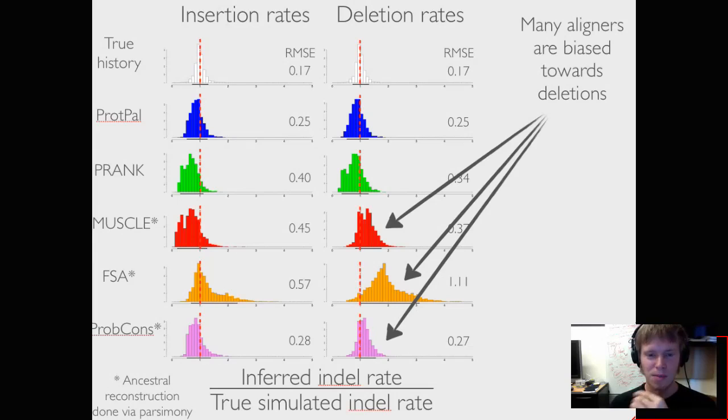And so most programs will prefer to call everything a deletion, and that's why we see this in these programs, MUSCLE, FSA, and ProbCons. The histogram tends to be on the right side of the inferred of 1, where the inferred to true rate is plotted here.